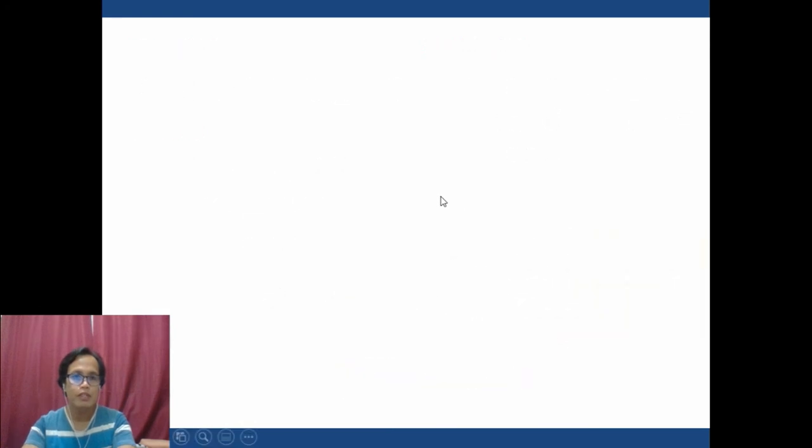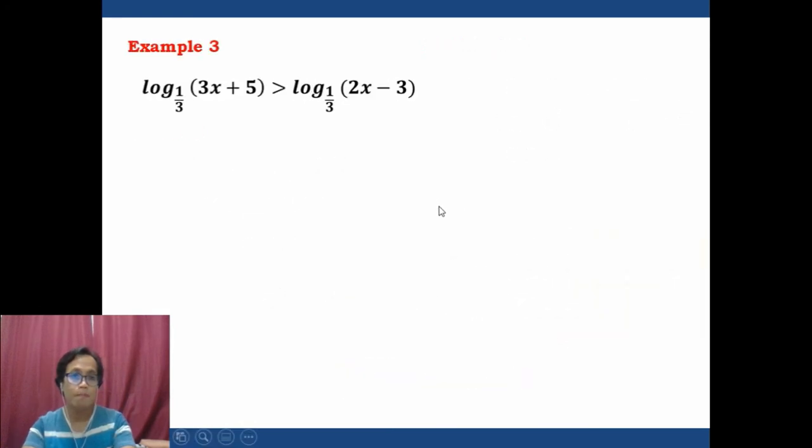Let's proceed to example number 3. Now this time we are given log of 3x plus 5 base 1/3 is greater than log of 2x minus 3 base 1/3. This time our base is 1/3, which is less than 1 but greater than 0. So we need to apply the second rule.